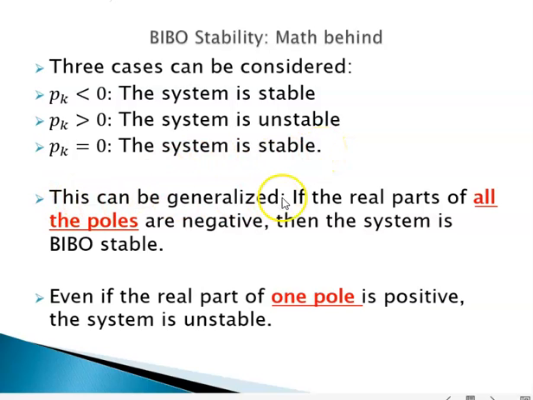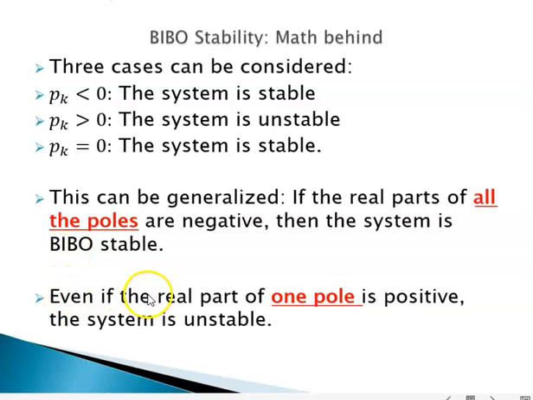We can generalize this treatment and say if the real parts of all the poles are negative, then the system is BIBO stable. Just remember this line, commit it to memory. If the real parts of all the poles are negative, then the system is BIBO stable.